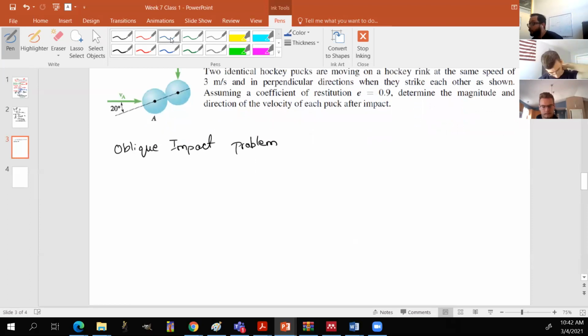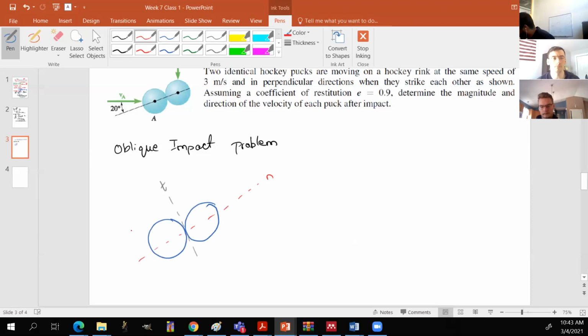We don't need to worry about impulse at all, because that only comes into the picture when you're looking at the individual balls, but not for the system. We don't need to worry about it. So let's see. You've got your tangential direction, you've got your line of impact, like that.